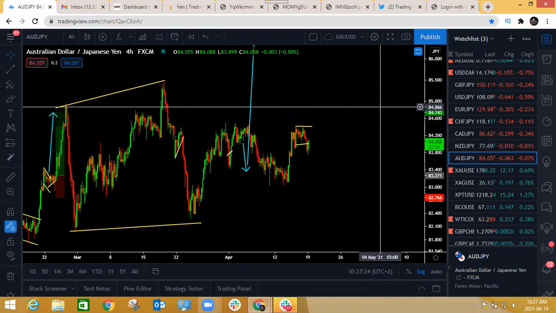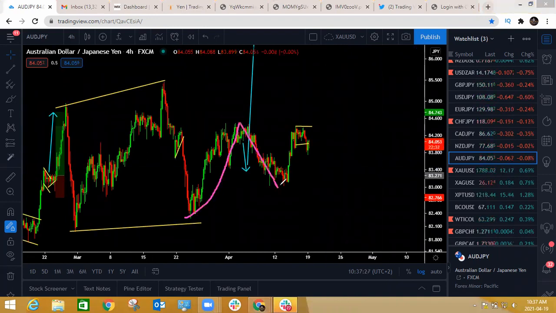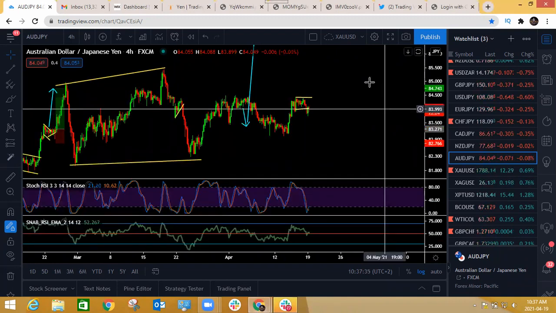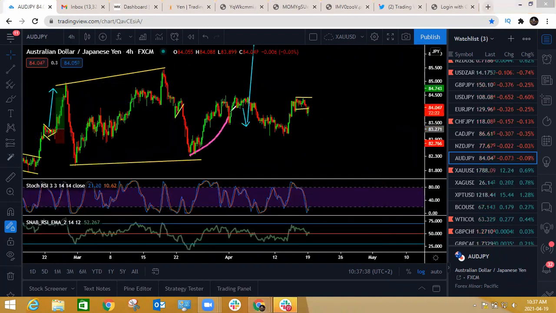We have made the 3 waves here. This is making another continuation to the upside. This is hardly a trade. As much as we can see upside, let's see if there is even upside. As much as we can see upside, that's hardly a trade, because if we do get upside, it should be limited to around this area.